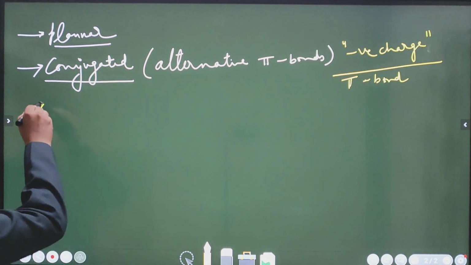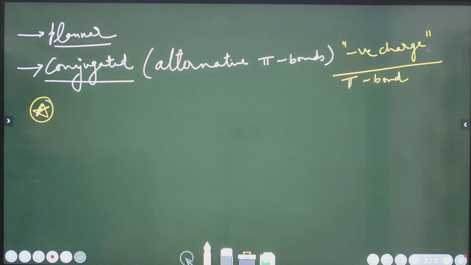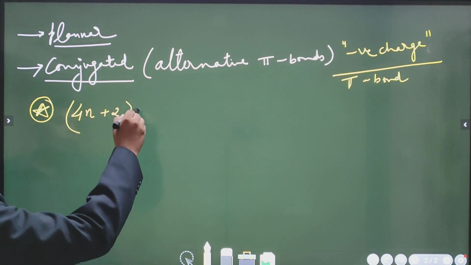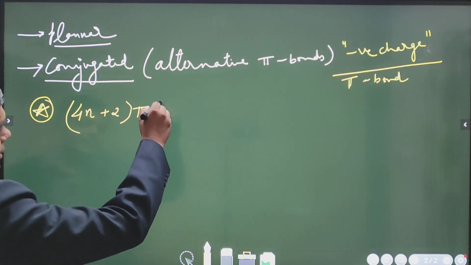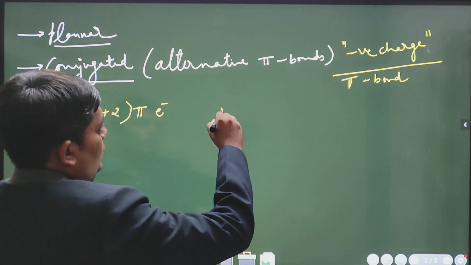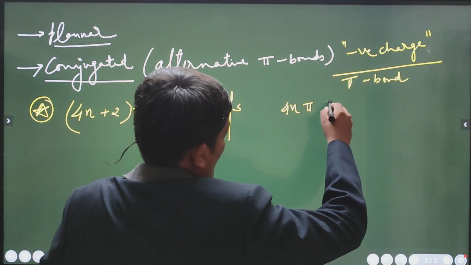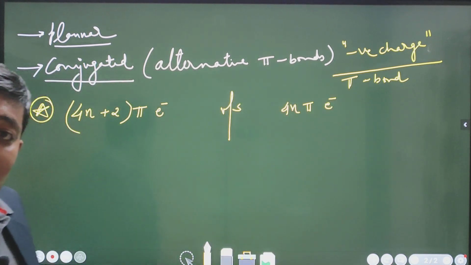Now condition number 3, the most important condition, is 4n plus 2 pi electrons versus 4n pi electrons.